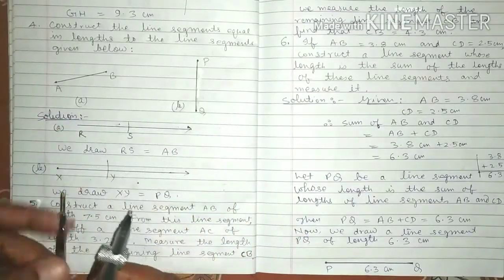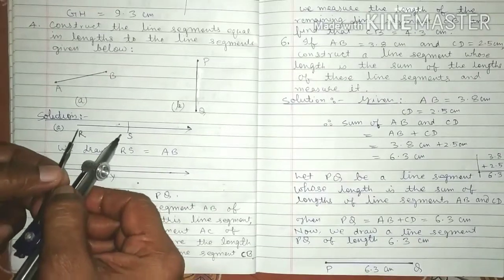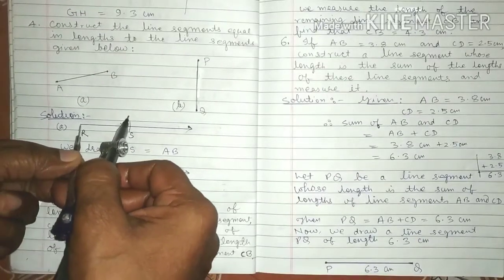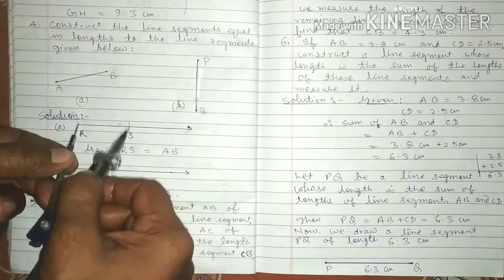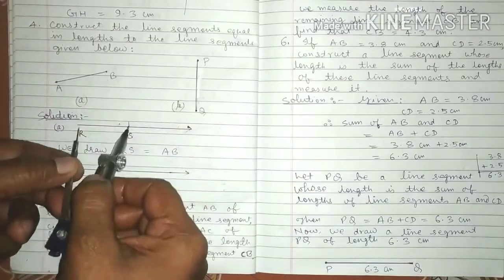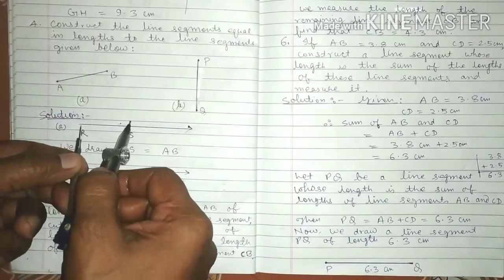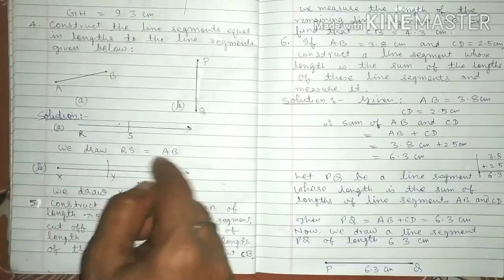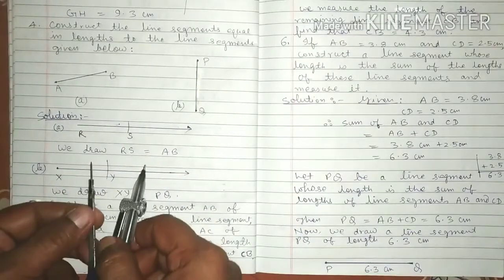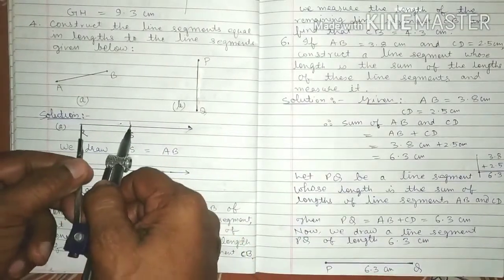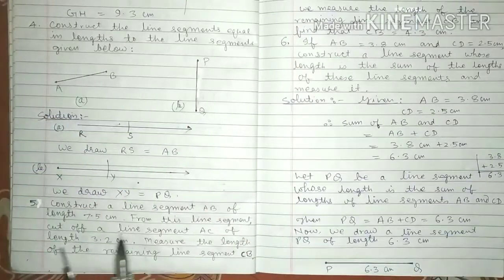We put this end at R and we cut an arc equal to the length AB, which cuts this ray at S. So we draw RS equal to AB. This is the answer of question number A.